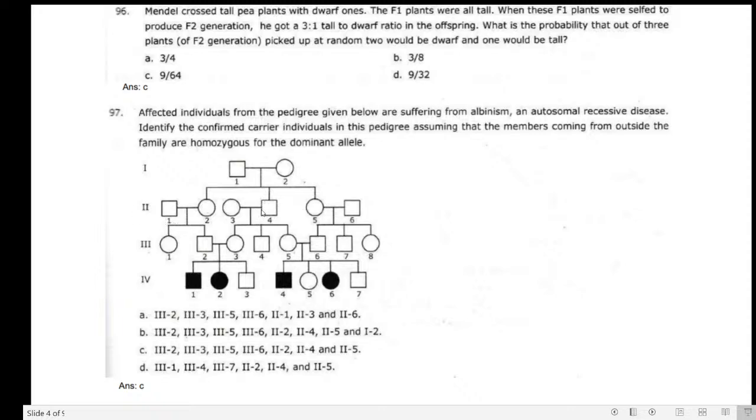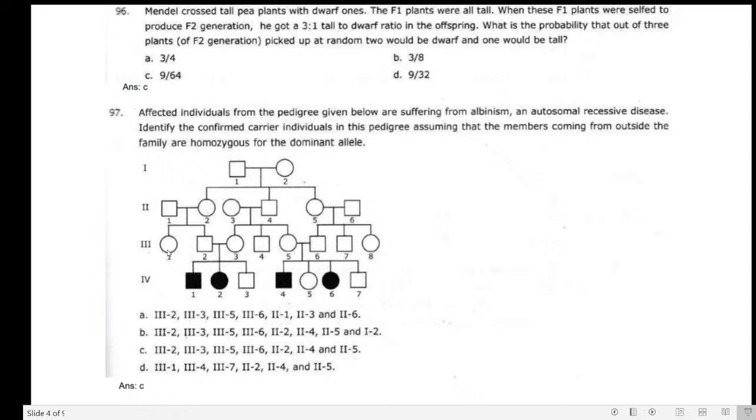Here the son married an outside person, and in this step the daughter married. From this point of view, they asked what the expected outcome is. An outside person may be homozygous. So for this question, C is the answer. Here they asked about the third generation, second person.